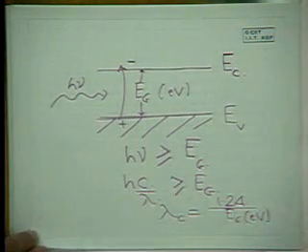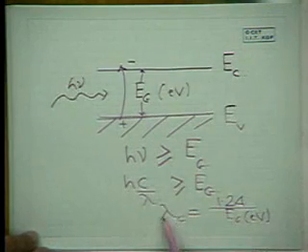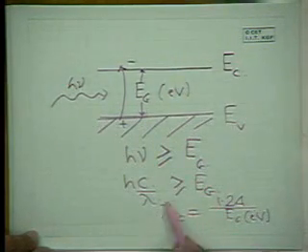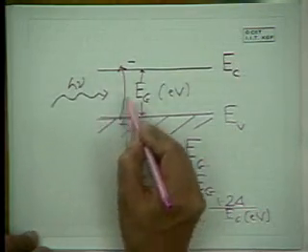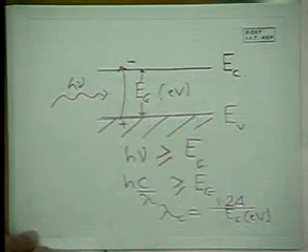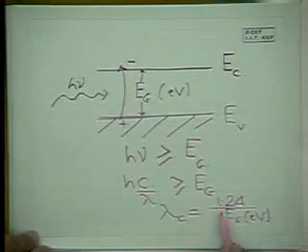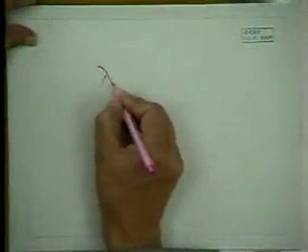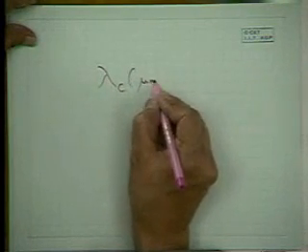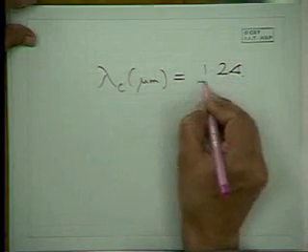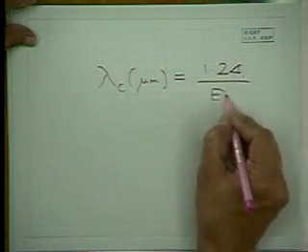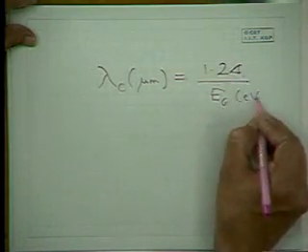That means that only radiation with wavelengths shorter than lambda are able to excite electron hole pairs in a semiconductor, and this relation, lambda c in microns, is 1.24 by Eg in electron volts.